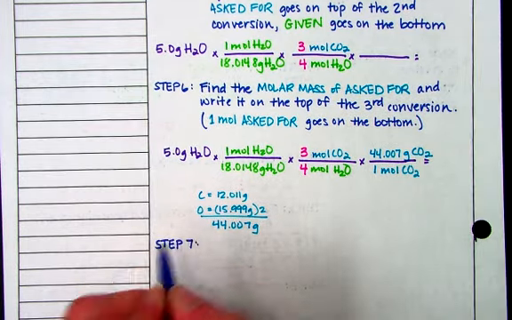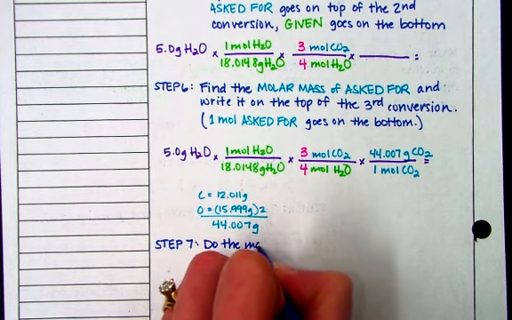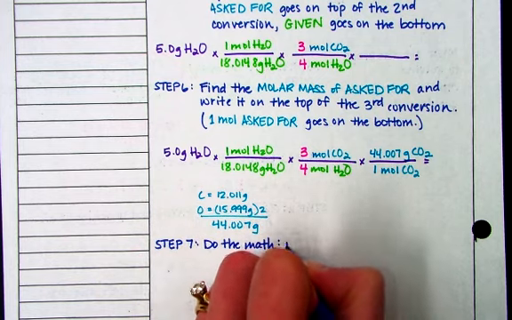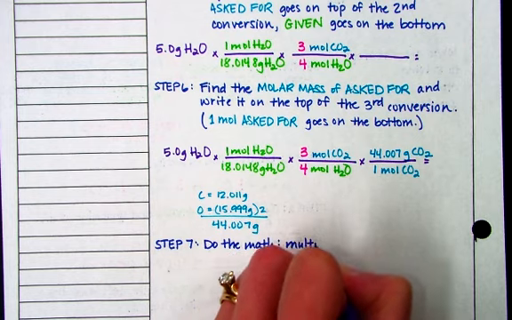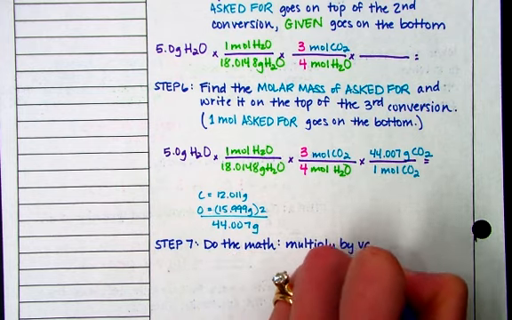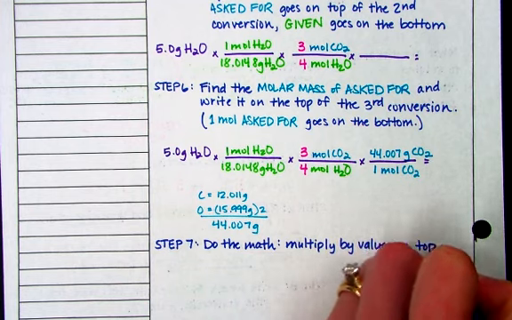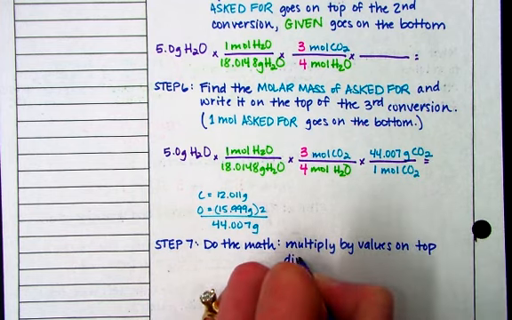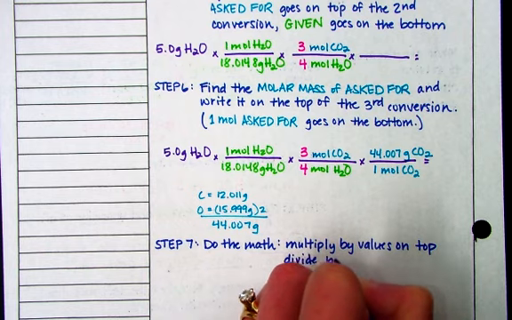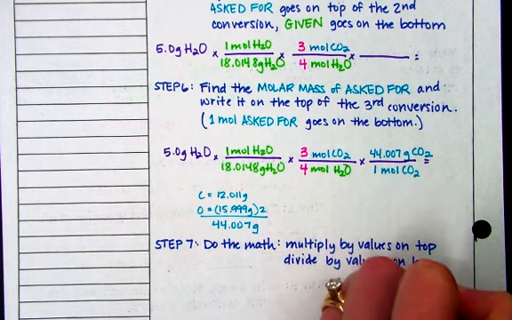Step 7, do the math. Multiply by values on top, divide by values on the bottom.